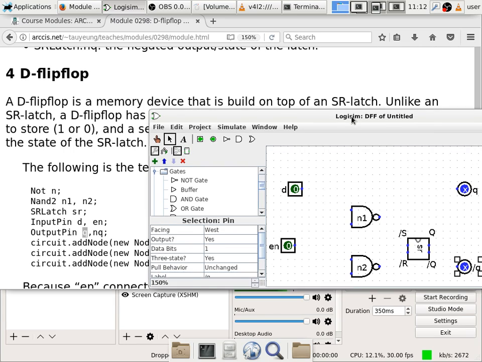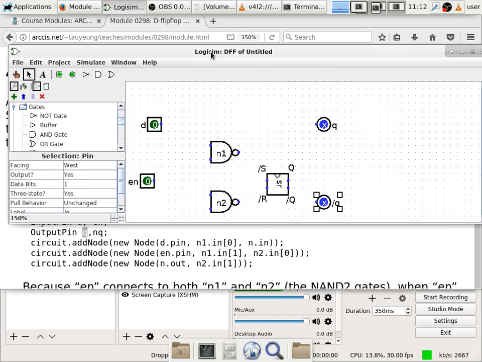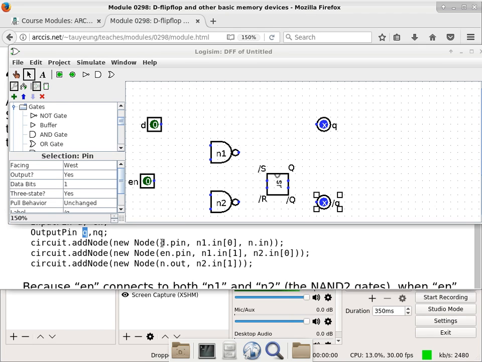Okay, so now we need to look at the connections. And let me see if I can look at this way. Oh, that's cool. We can do it that way. So when you look at the connections, the data pin connects to both. Okay, I think this is mislabeled. If we look at the enable pin, oh, this is NQ, by the way.